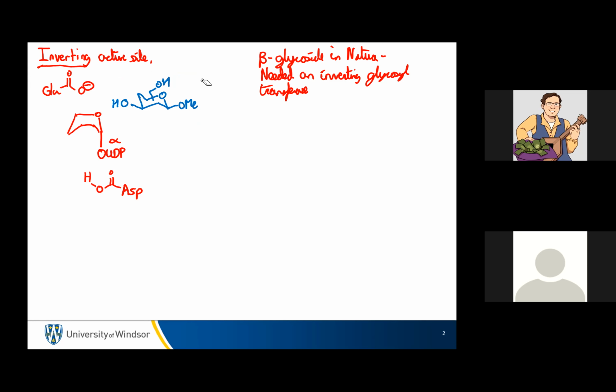So by definition, if alpha in nature needed a non-inverting glycosyltransferase. Okay.